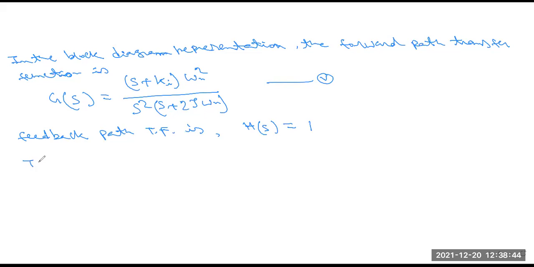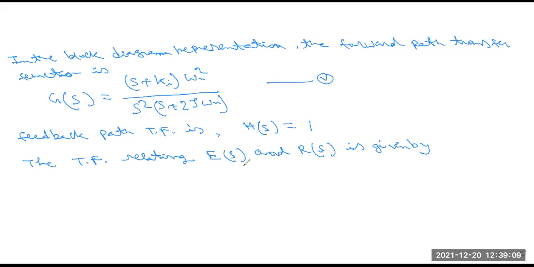So the transfer function relating the error of the system, that is E(s), and R(s), that is the input of the system, is given by E(s) by R(s).